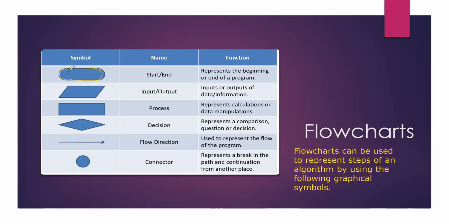Whenever we have start, we can draw it simply like this and write start. Similarly, in the flowchart, to end we can have the same shape with end. This indicates the beginning and end of the algorithm.